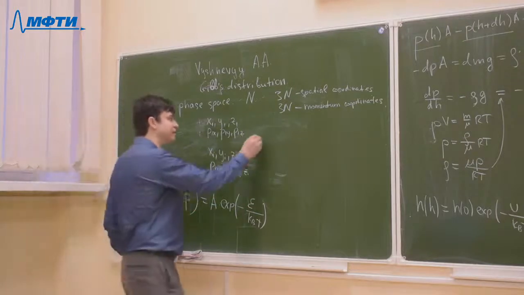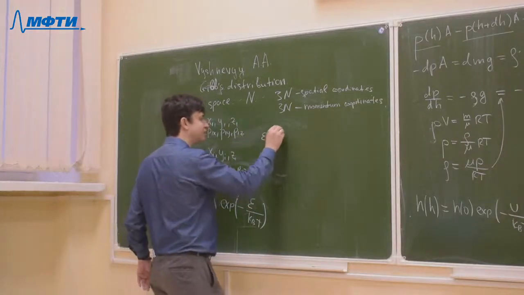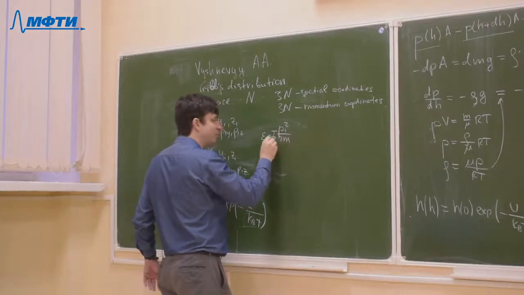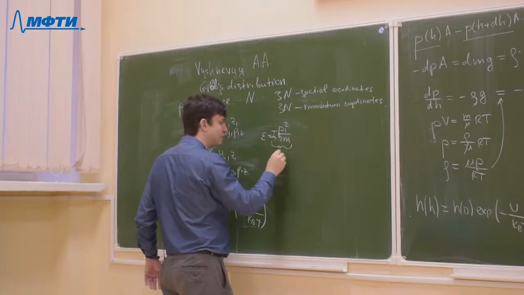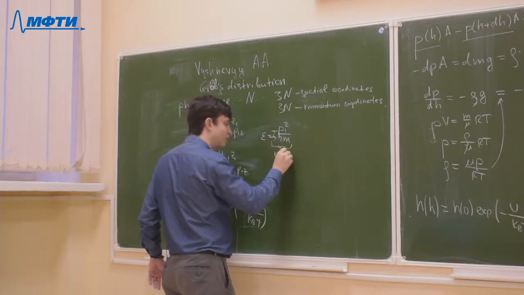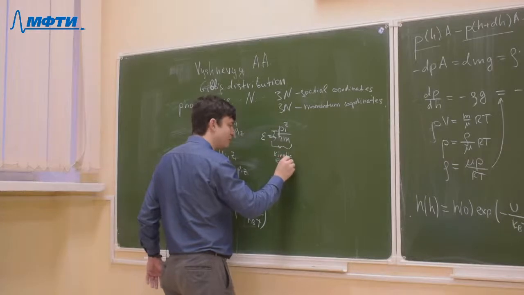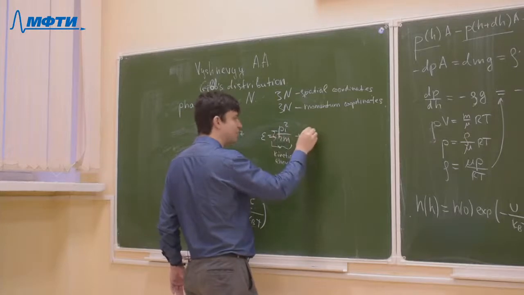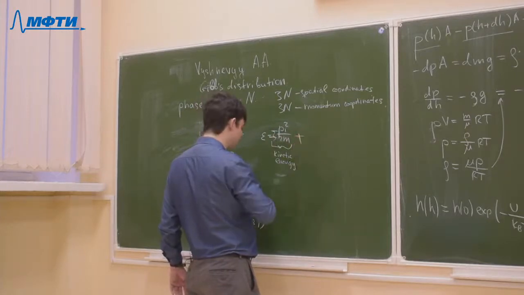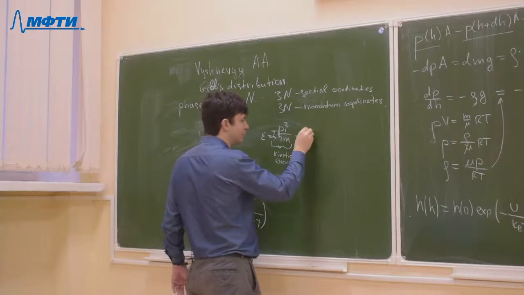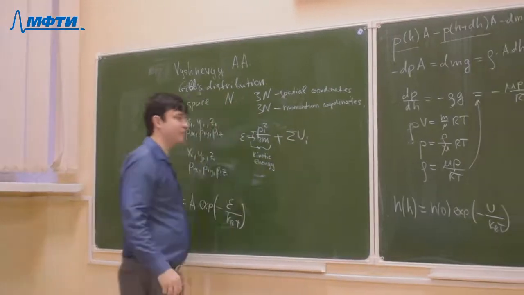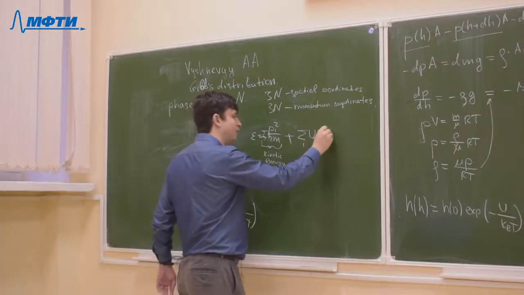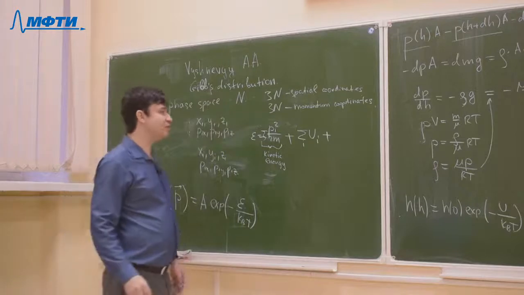So I can say that this E can be found as the sum of pi squared over 2m, which is the kinetic energy of gas, plus I can also add some quantities which are related to the potential energy, Ui, if there is some kind of external potential acting on our gas. And also, there can be some interaction between molecules.